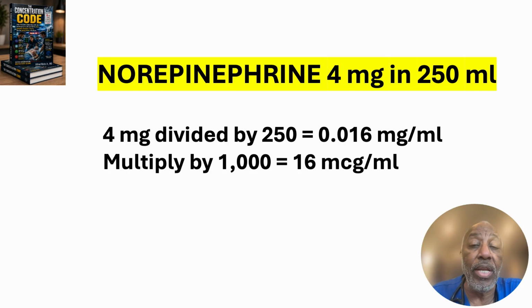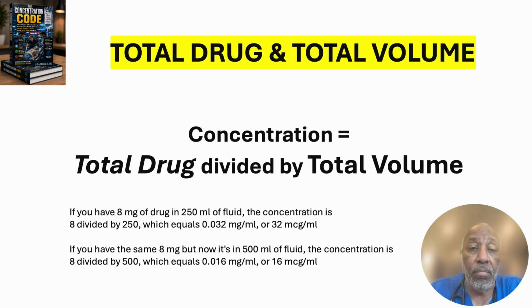You're not just reading a label, you're training your brain to connect the numbers on the outside of the bag with the drug density inside the bag. Total drug and total volume. It's the relationship that runs everything.